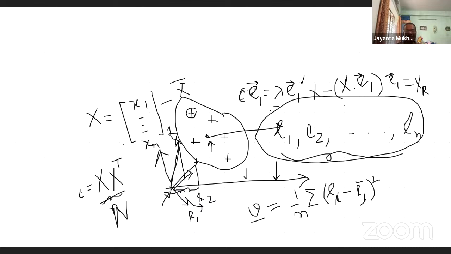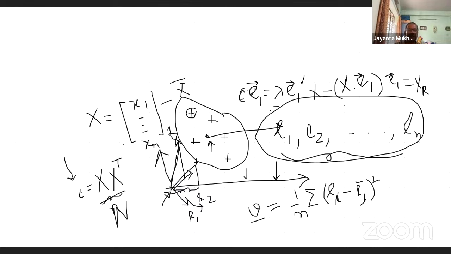So in fact, the original covariance matrix of the data points, the center-adjusted data points, itself has all the principal directions, because all n eigenvectors will provide me all the principal directions for this data, with decreasing variances along each direction.